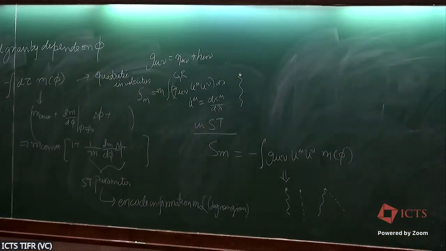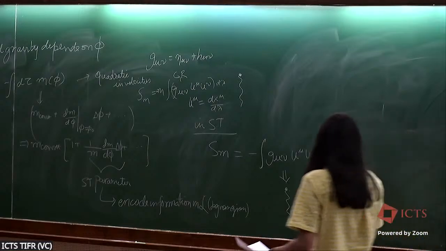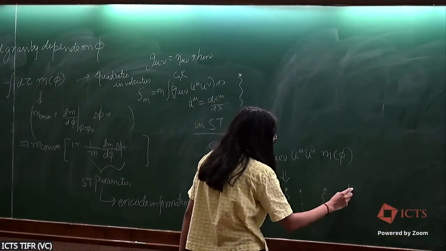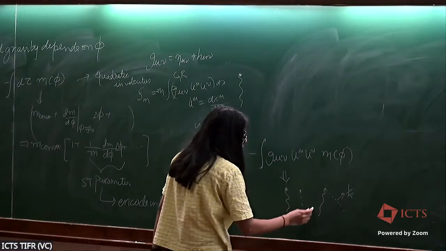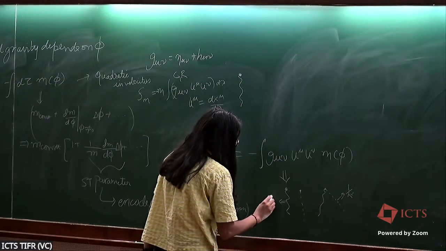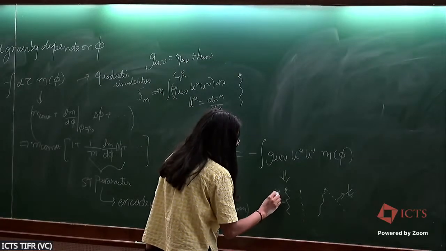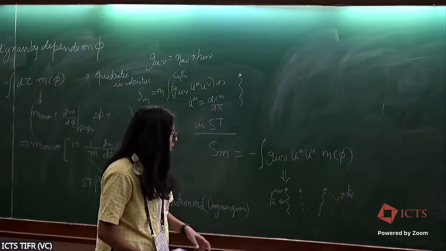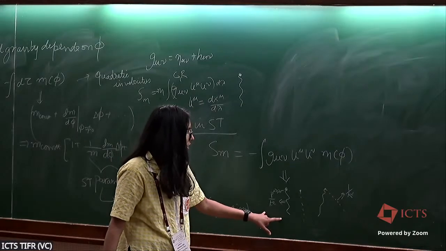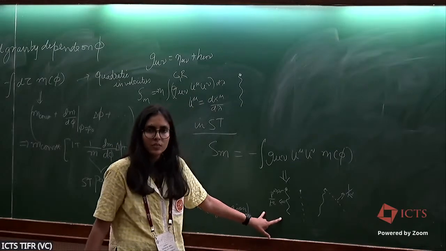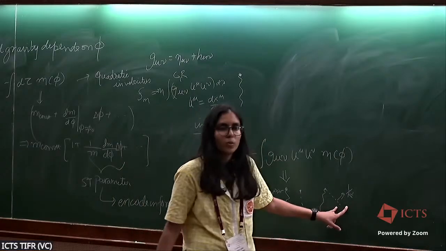But since we are considering only massless scalar field, what it means is the propagator of the massless scalar field is 1 over k square, and the propagator here is also 1 over k square with some tensor. It suggests that the master integrals that you obtain here would be the same as the master integrals you obtain here.